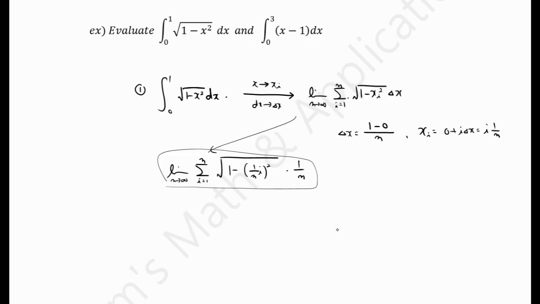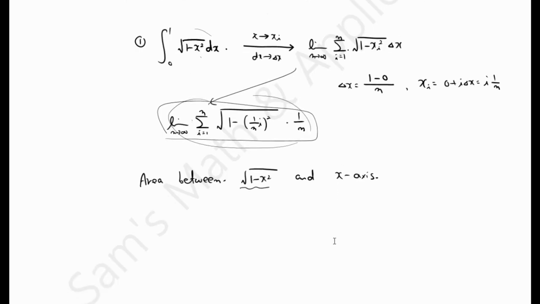What is the meaning of a definite integral? A definite integral is an integral defined by the Riemann sum. The meaning of this Riemann sum is the area between the function square root of 1 minus x squared and the x-axis. So we can draw this function.